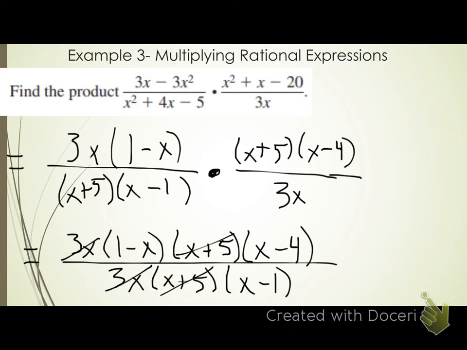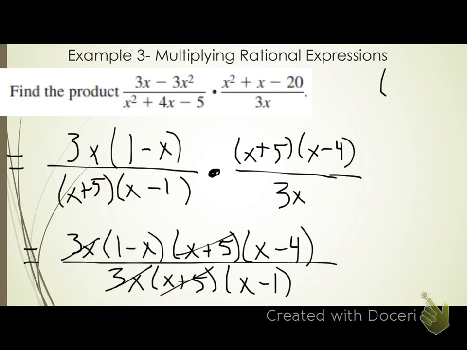1 minus x looks pretty similar to x minus 1, doesn't it? You guys were hinting at it earlier that I could factor something out of that top factor to make it x minus 1. A negative 1. Is that what you were saying earlier? Okay. So we could factor out a negative 1.